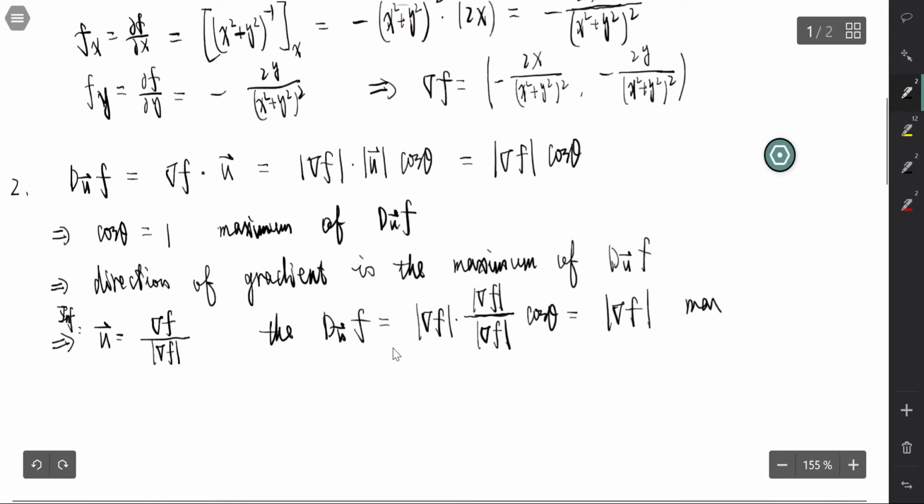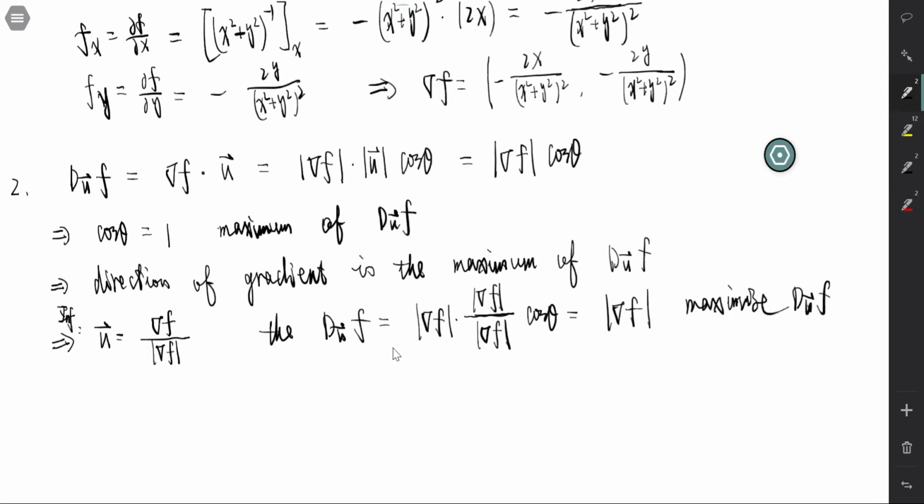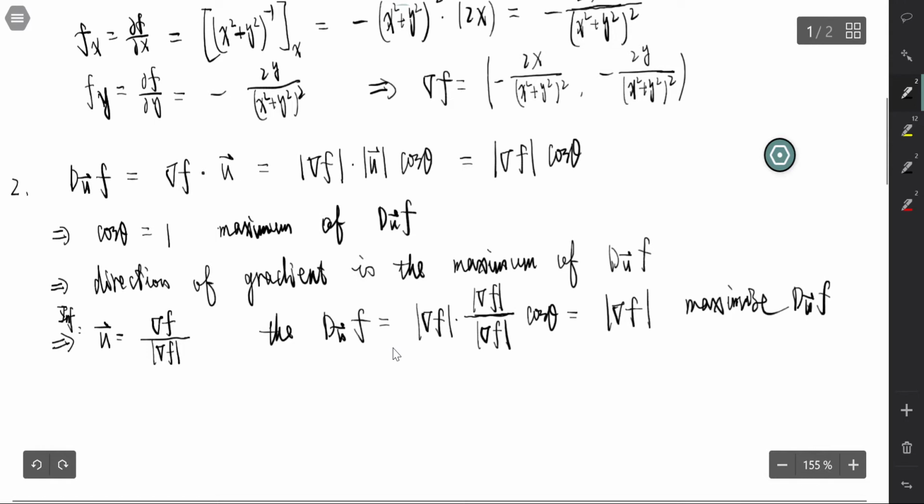So the maximum value of D_u f is the length of the gradient. And if u equals negative gradient f over its length, then D_u f equals negative the length of gradient f, that is the minimum.